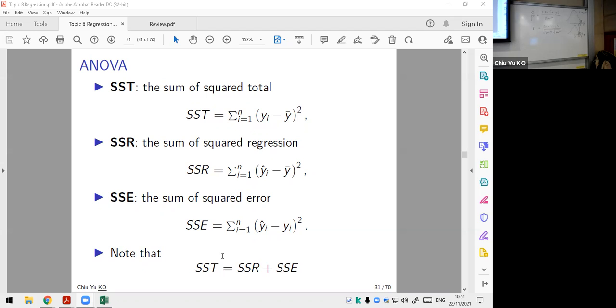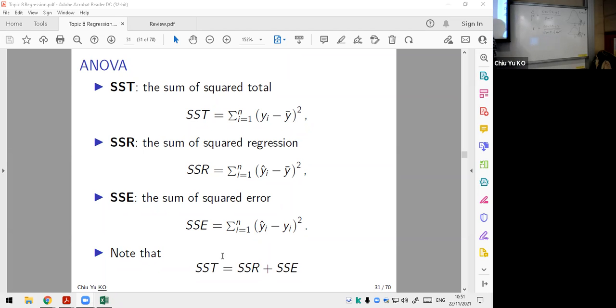The point to the mean is SST, right? We want to explain how this data differs from the mean. SSR is the line to the mean, and SSE is from the observation to the line. And square the sum of all this.